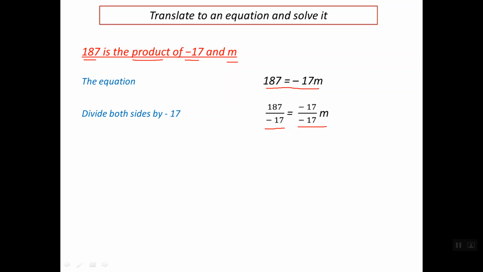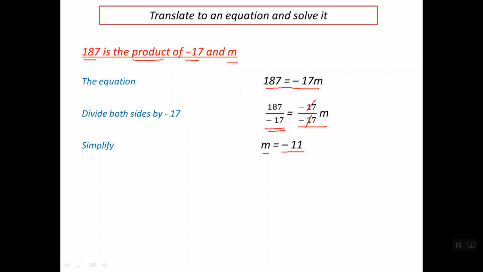Now we can simplify. These two values cancel each other, so we have m alone. Regarding the left term, we have a division operation, 187 divided by minus 17. So the solution is minus 11. So this is the solution for m.